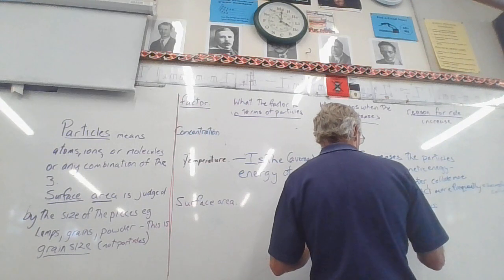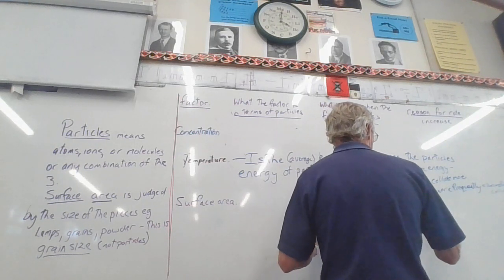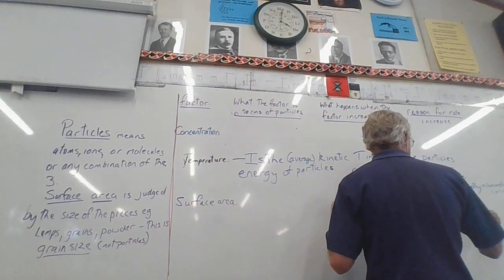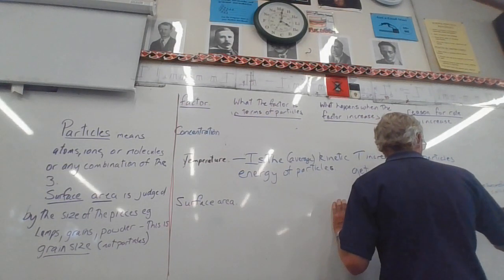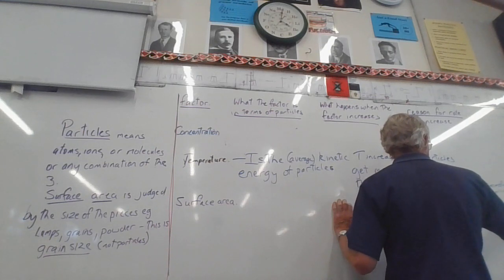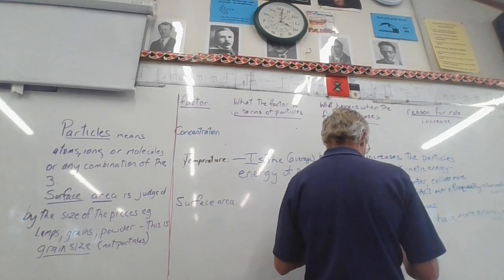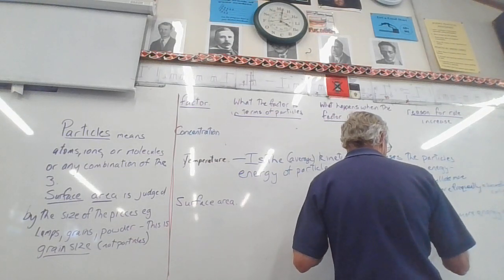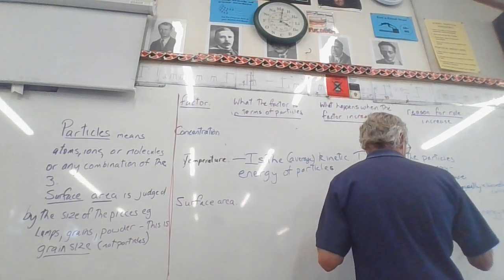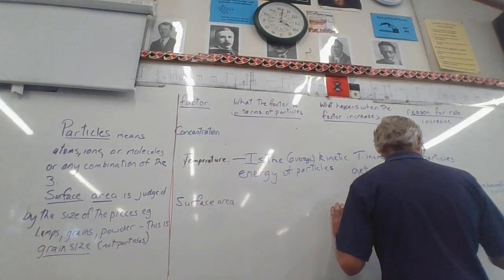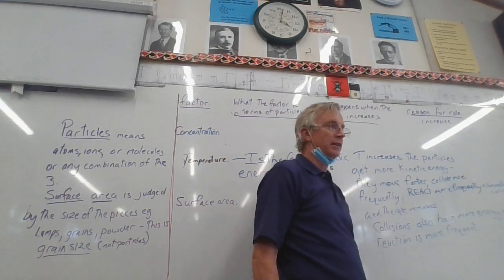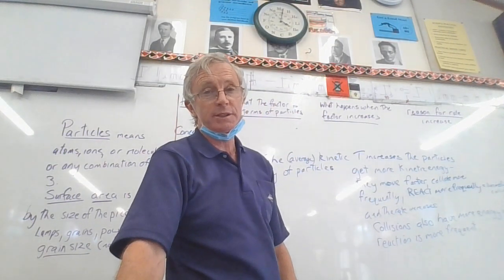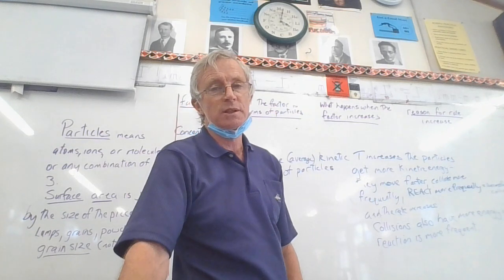Collisions also have more energy and reaction is more frequent. And the fatal thing that kills a lot of these excellence marks is to immediately say the number of collisions.